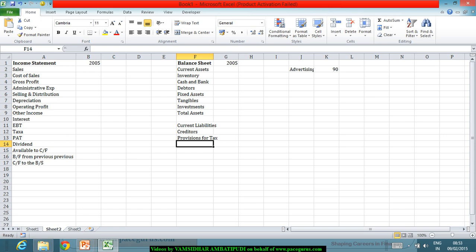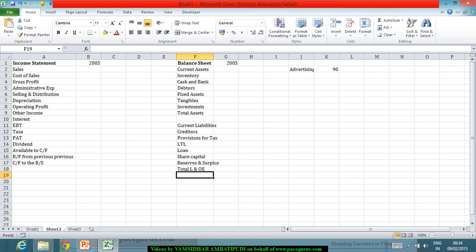Then we are having the long-term liabilities or non-current liabilities, wherein we are talking about the loan amount, and we can talk about the share capital, and finally brought forward, which is the reserves part, reserves and surplus coming forward from the profit and loss account. Overall, we are talking about the total liabilities and the owner's equity.